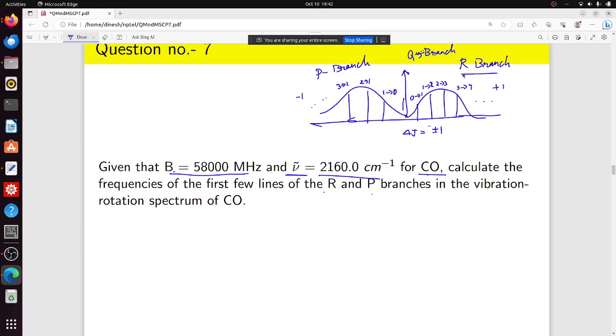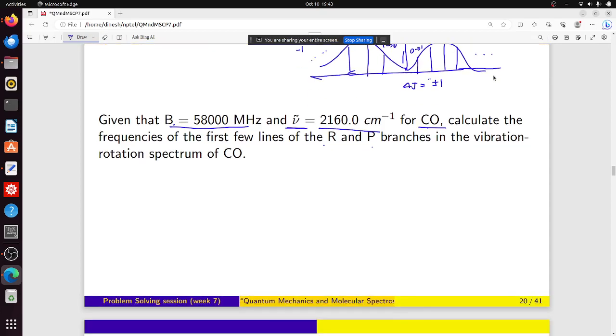If I consider the R branch side first, then the transition line towards the R branch I can write in terms of this ground state line, let's say. Then this transition towards the right we can write as nu bar plus 2B tilde times (J plus 1).